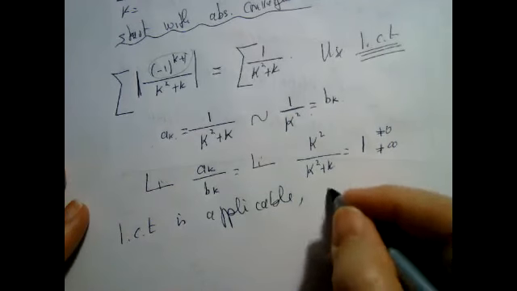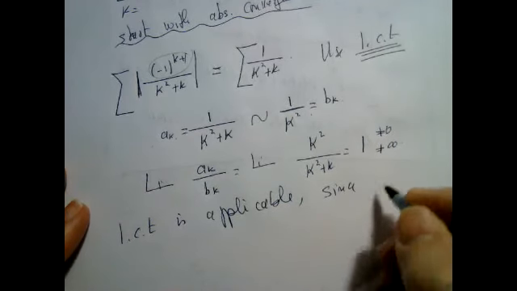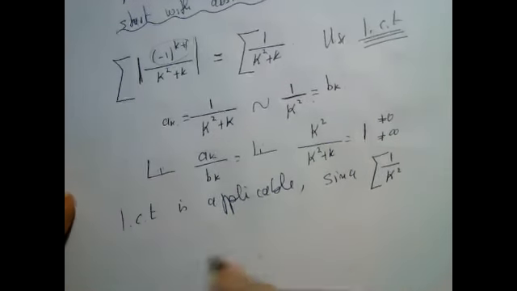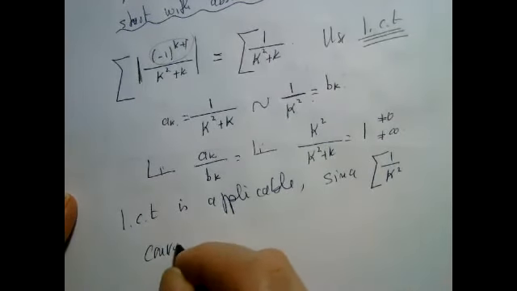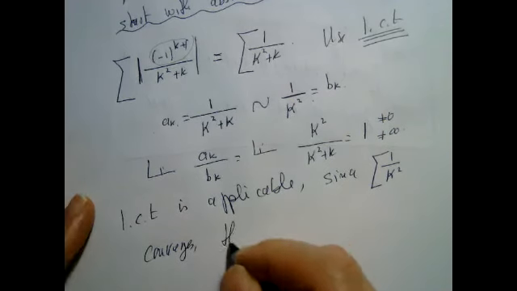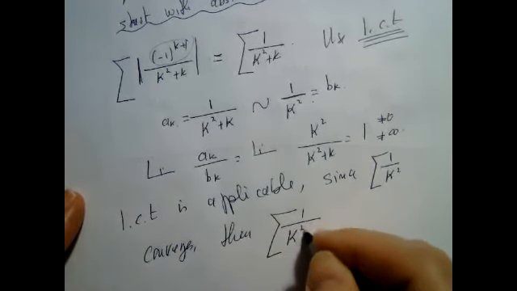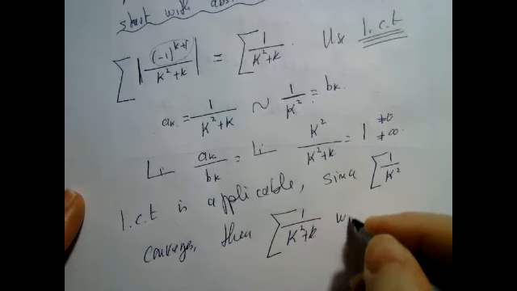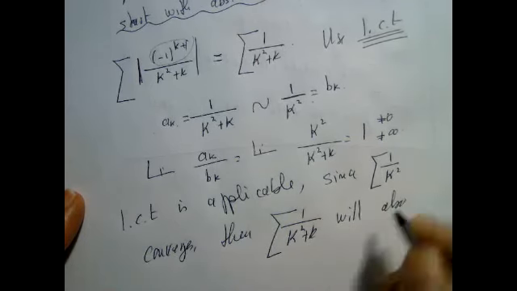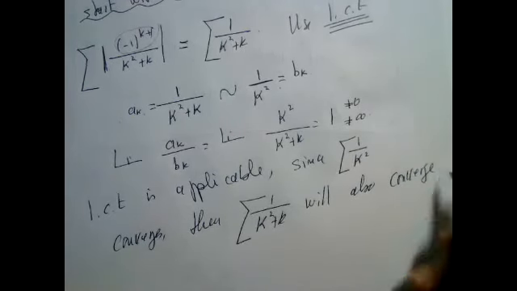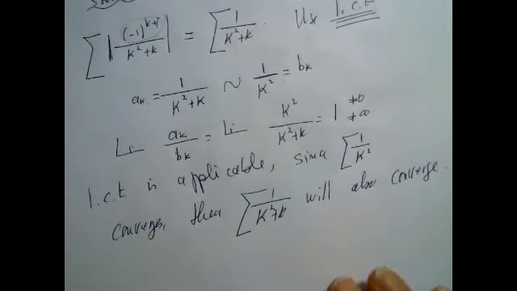Okay, since sigma 1 over k squared converges, then sigma 1 over k squared plus k will also converge. So what do we have here?